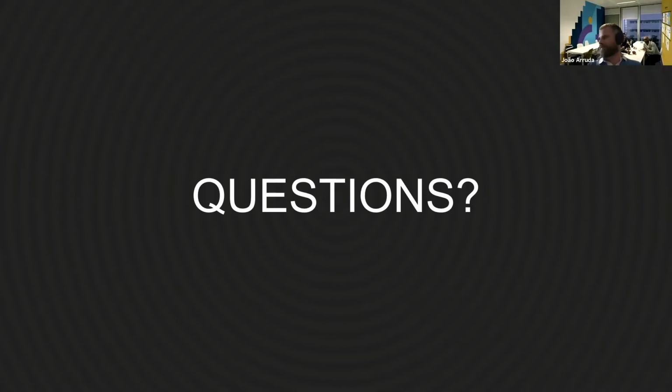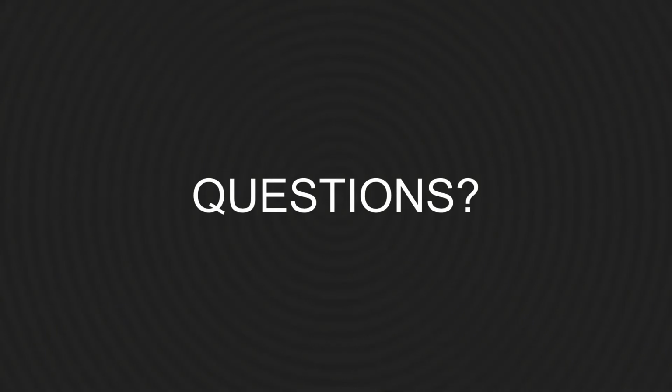Yes, Anda, please. Hi. So I have two questions, but I'm going to go with the first one, I guess it's easier. You said that you're using Emotion for the styling.